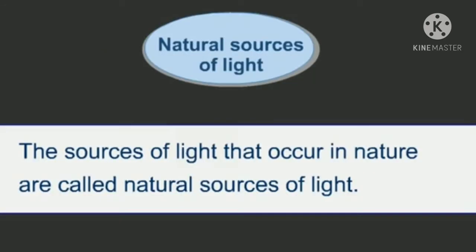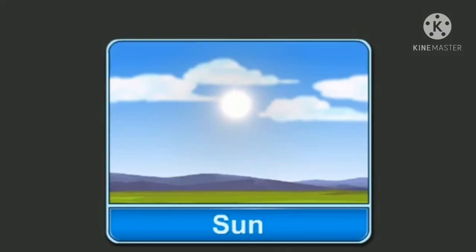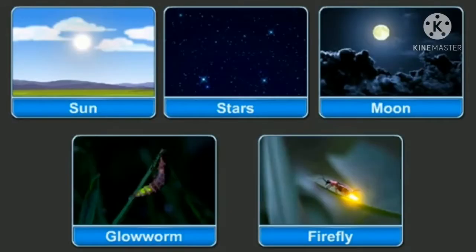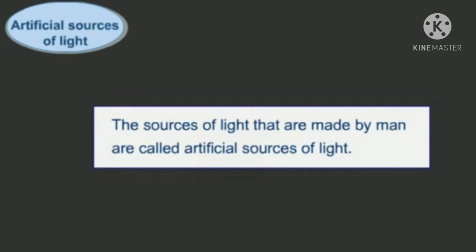Sources of light that are found in nature are called natural sources of light. For example, sun, stars, and fireflies are natural sources of light. Sources of light made by humans are called artificial sources of light.